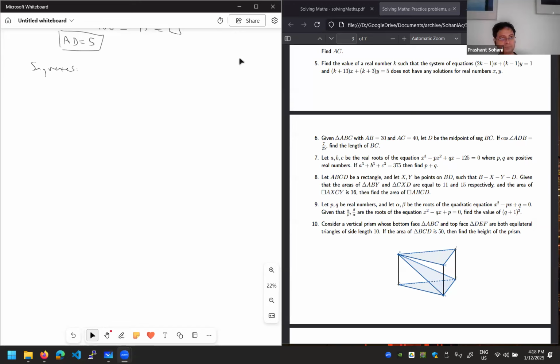Yes, Atharva. So actually, I used another method for question number 7. Okay. So what I did was, I compared the equation with (x minus 5) whole cube, okay, and then from there I got the value of p and q directly.